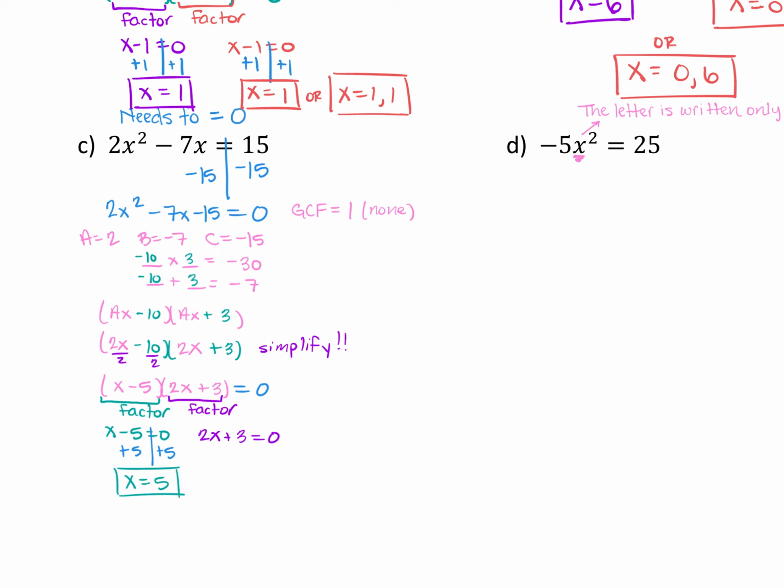And then to solve the purple equation, we subtract 3 from both sides, and that gives us 2x equals -3. We're not done because that 2x, x has to be by itself. We need to divide both sides by 2. And so x is equal to -3/2.